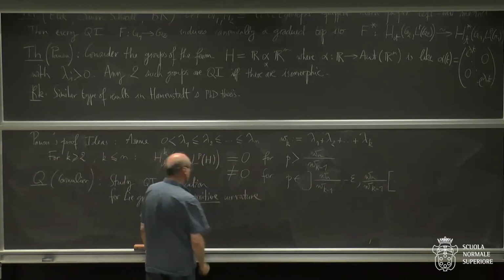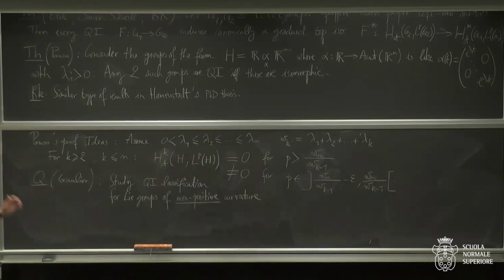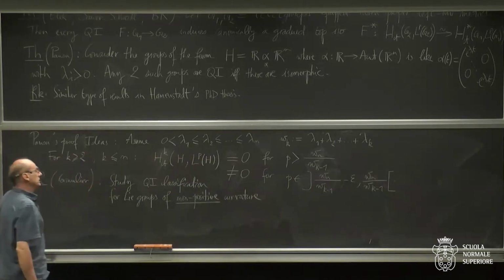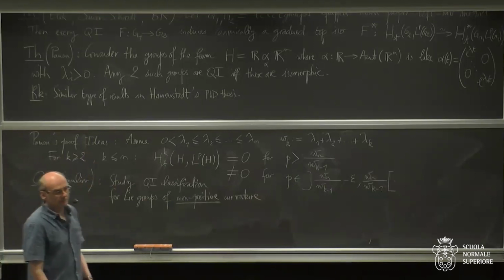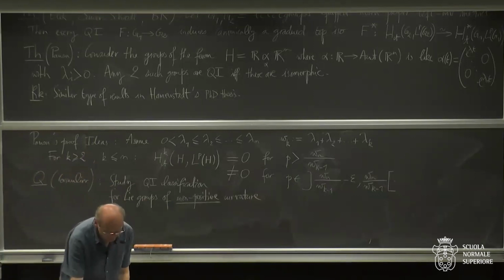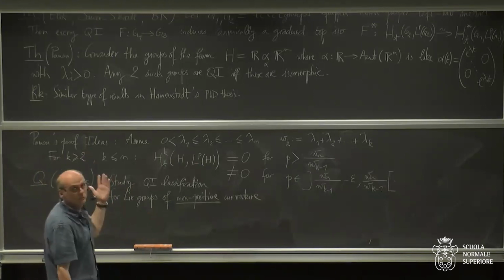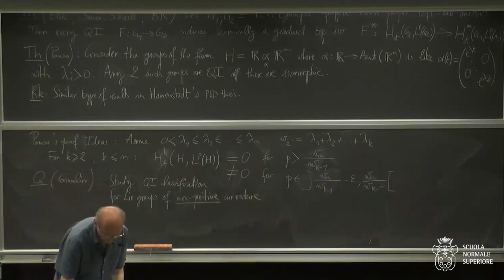And for Lie groups of non-positive curvature, apart from those which come from semi-simple groups, very little is known so far. And so for them, you can expect to use L^p-cohomology, and it works a little bit.